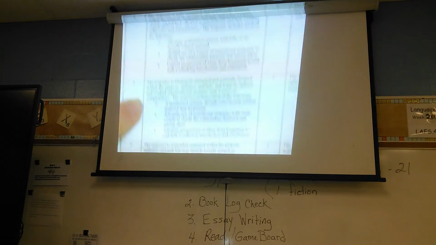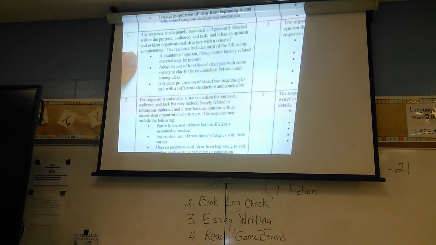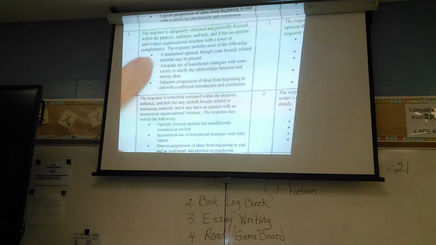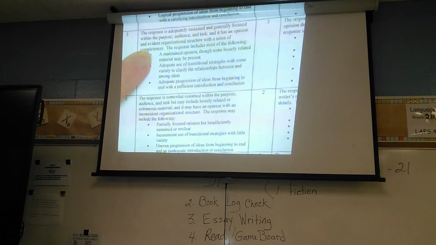Okay. A 3. The response is adequately sustained. So now we jump down to adequate and generally focused with the purpose. A maintained thesis, though some loosely related material may be present. Adequate use of transitional strategies with some variety to clarify the relationships between and among ideas.